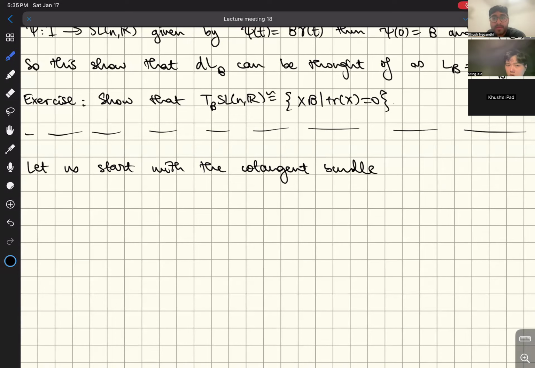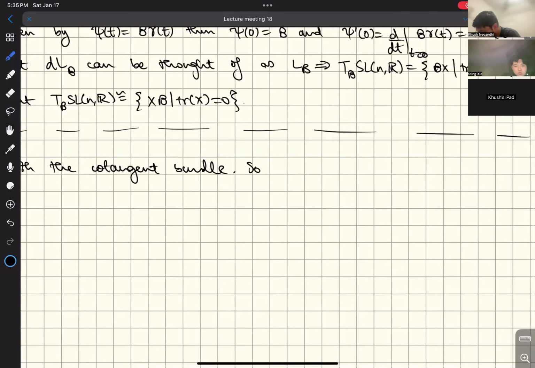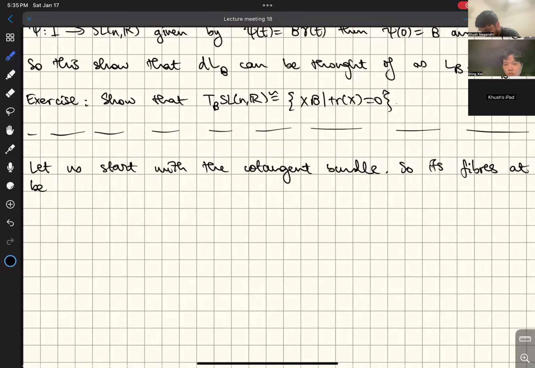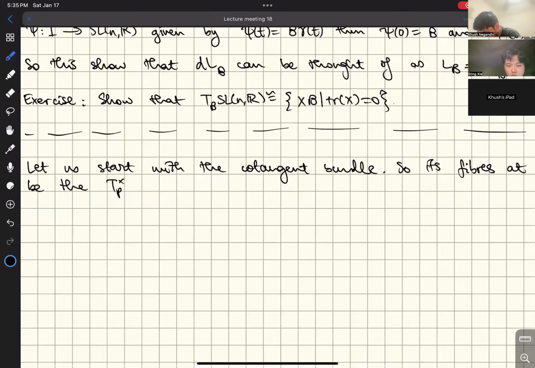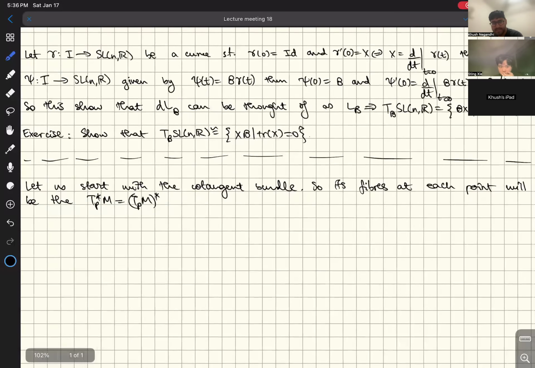So what does this mean? Its fibers at each point will be the cotangent space, which is nothing but the dual space of the tangent space. Okay. Are there any questions on this? Because I think this is a very important thing to know.